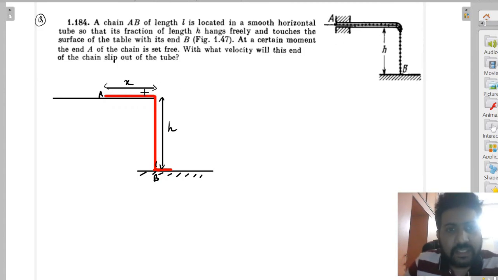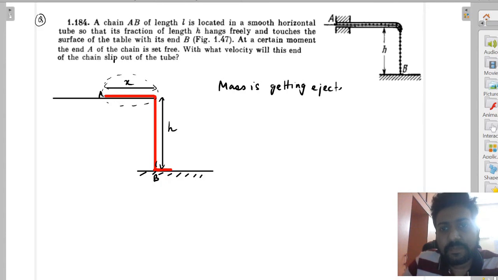Okay, then you will see that if this is your system, mass is getting ejected from the system.